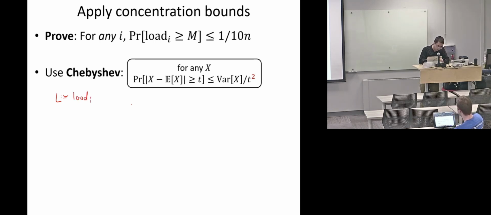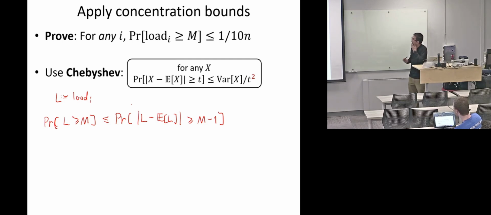Now if you want to apply Chebyshev, you want to prove that load L is at most M. To apply Chebyshev, you see that this is at most the probability that L deviates from the expectation by more than M minus 1. I just rewrite it so that it looks like something I can use Chebyshev on.